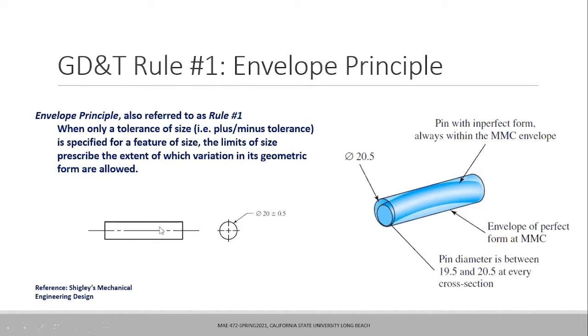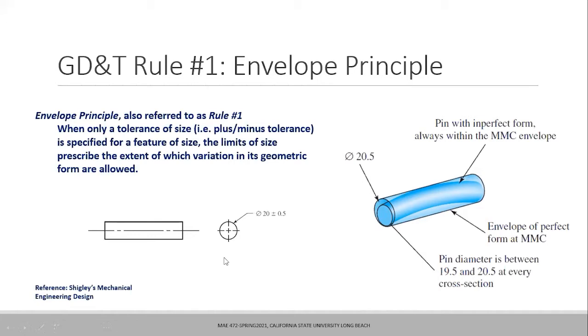So you don't need to specify any other GD&T symbol, as long as you as a designer are okay that if I fabricate or get a part which has perfect form at MMC, which can have some slight curvature, but it is still functional and will work well in the assembly in the larger context, then that is perfectly fine.